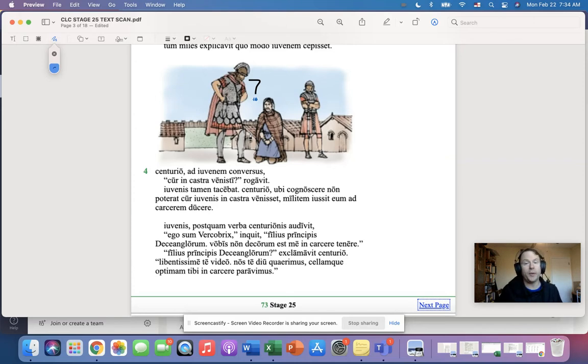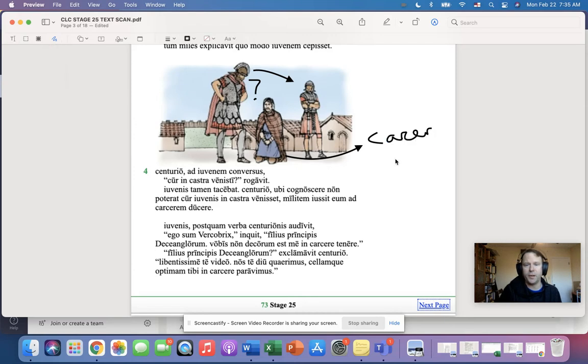Centurio, ubi cognoscere non poterat cur homo in castra venisset, militem iussit eum ad carcerem ducere. Let's put a C for, or maybe we could just spell out carcere.